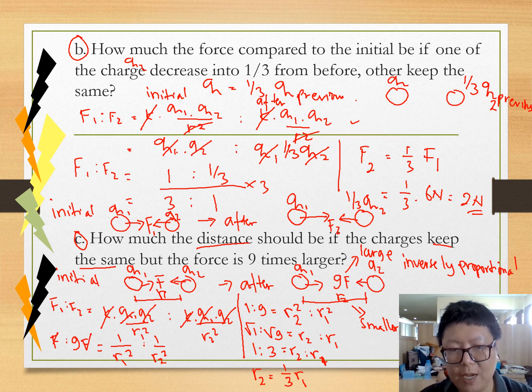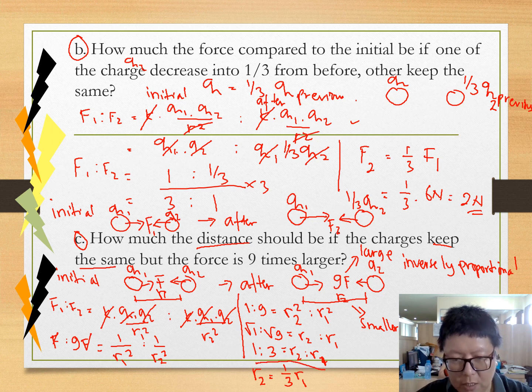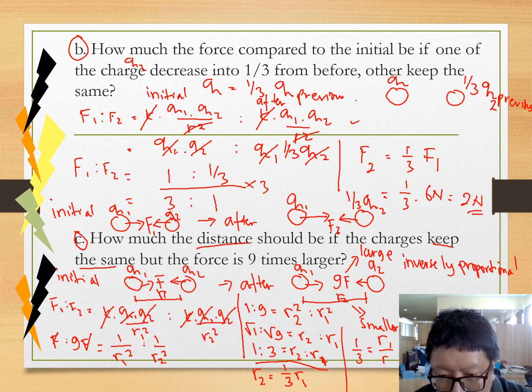If the distance is bigger, then the force will be smaller, because force and distance are inversely proportional. If you're confused with this part, you can change into fractions. 1 per 3 equals R2 per R1. So by cross multiplication R2 equals 1 per 3 R1.